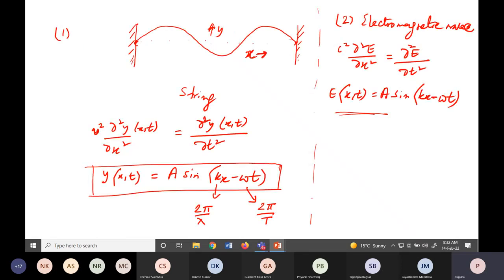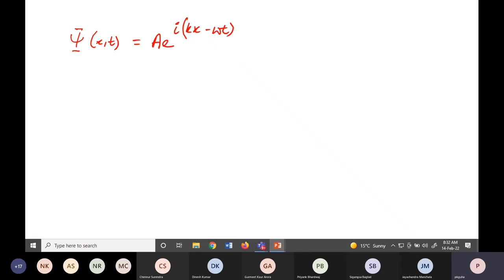Okay, so he proposed that the wave associated with matter will have a similar expression, which is Psi(x,t), this is capital Psi I am writing, equal to A e to the power i(kx minus omega t). Right? So what he did, as I said, it is a fundamental equation, so he doesn't use other equations to derive the corresponding differential equation associated with the matter wave, right?